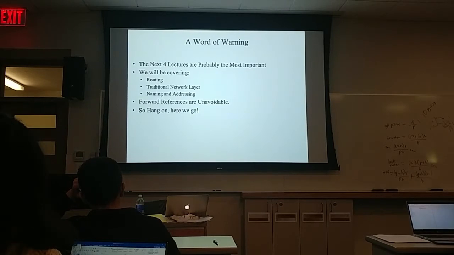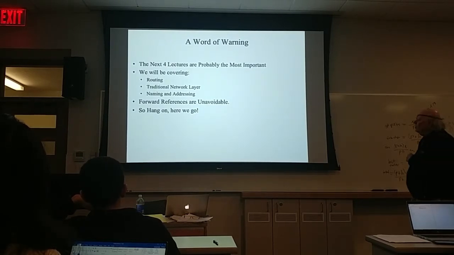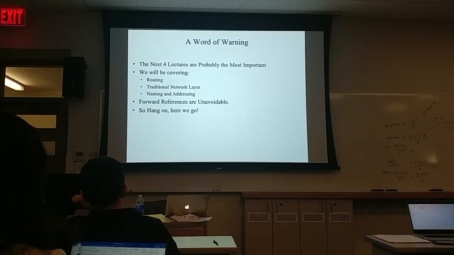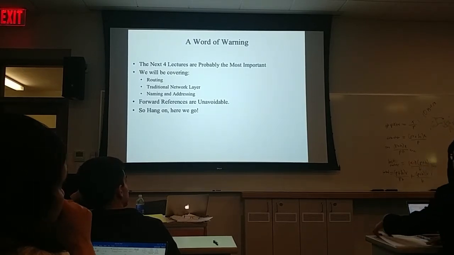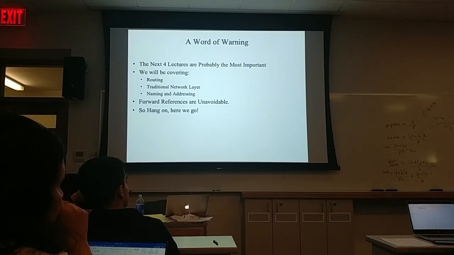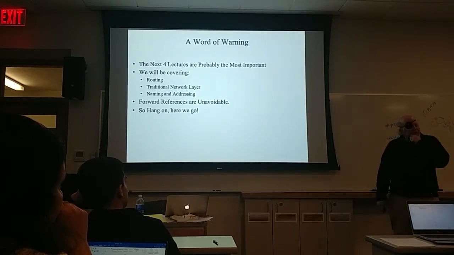There's no way to do this without some forward references, so bear with me. We'll have to talk about addresses before we really talk in detail about addresses, and we'll be talking about stuff in the network layer as well. This lecture is the last lecture that will be on the midterm. Everything from here back will be fair game for the midterm.